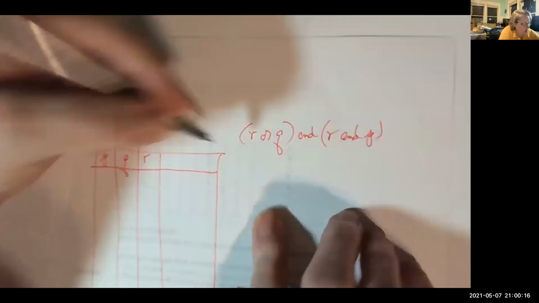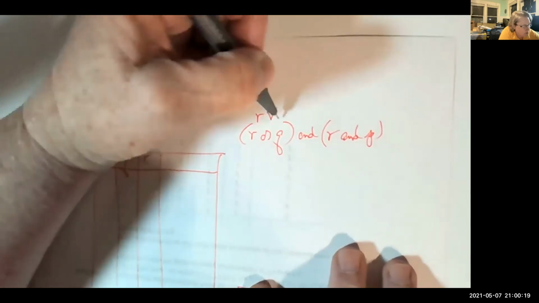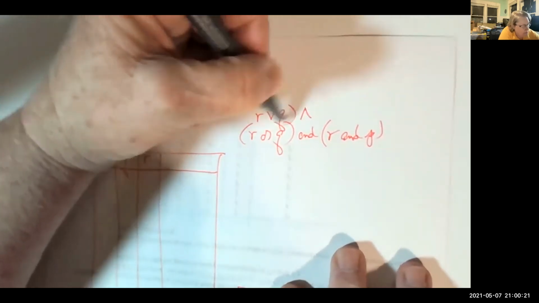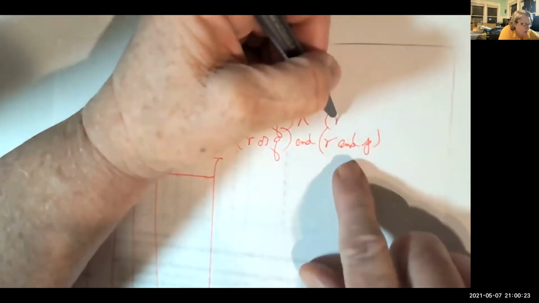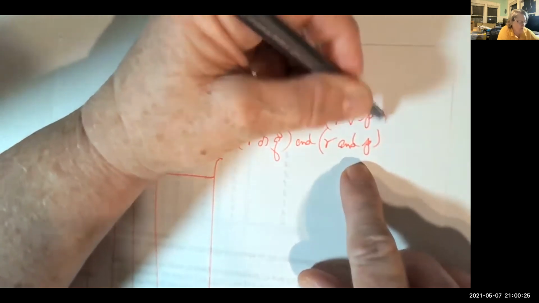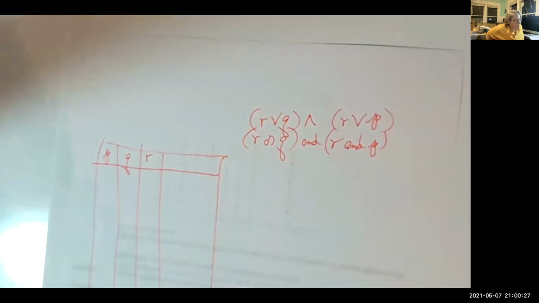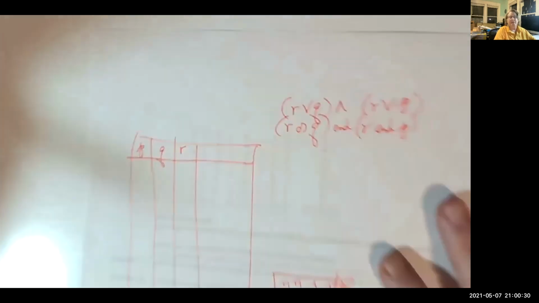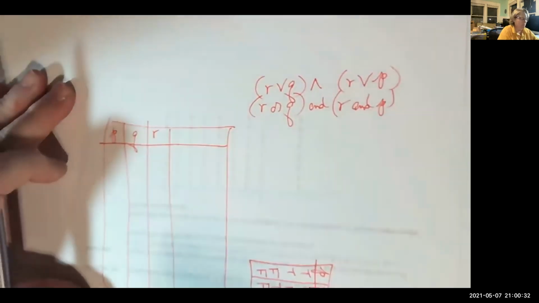Okay, so we've got R or Q and R or P. And this is a convention. That means everyone does it in the same way.